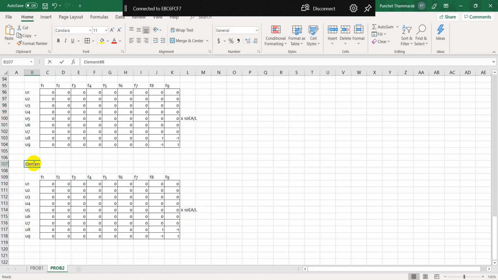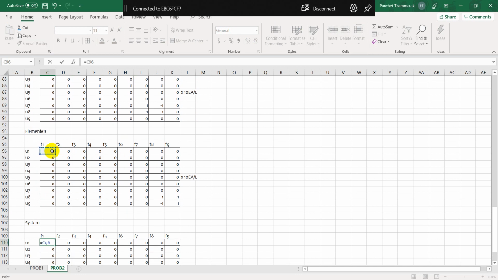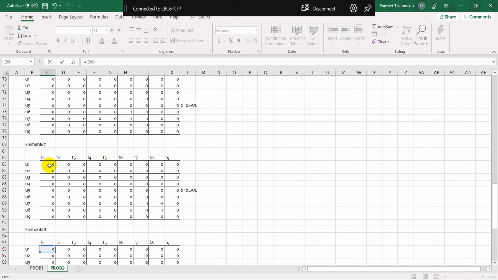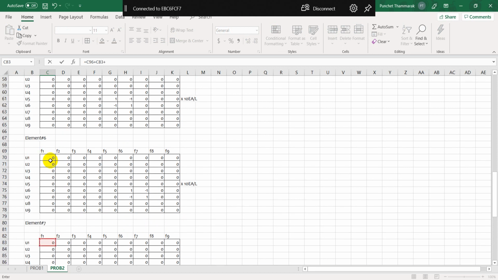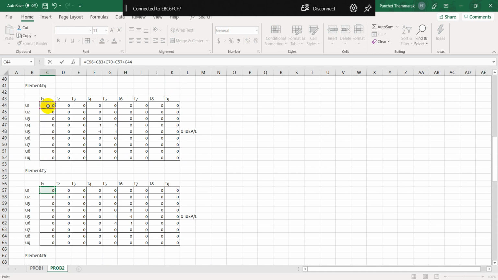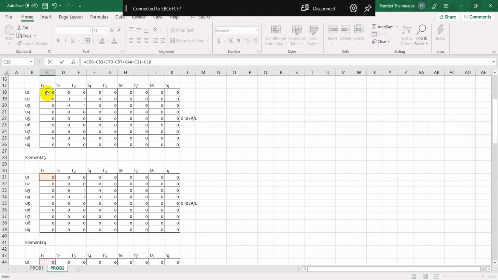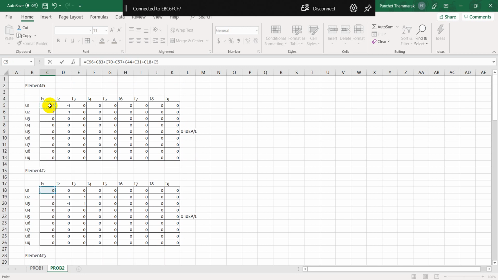And the whole system, we're going to have this add up with this, add up with this, add up with this.